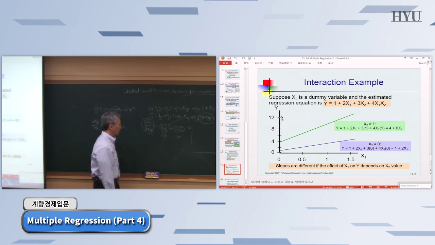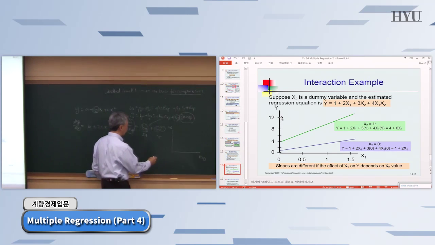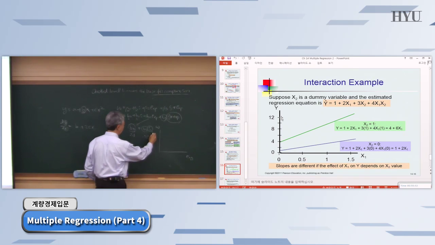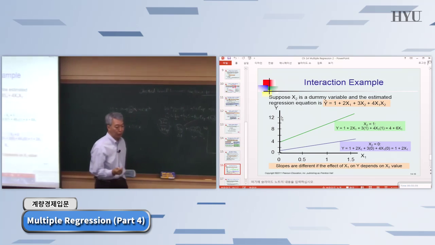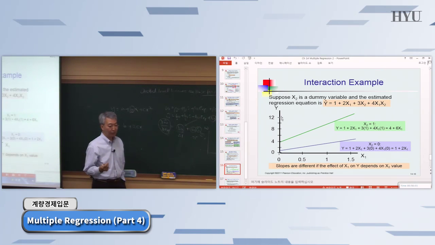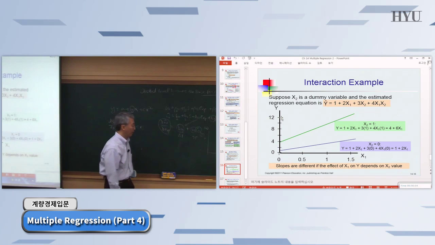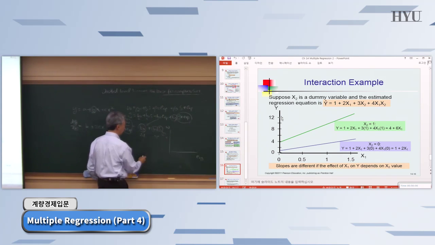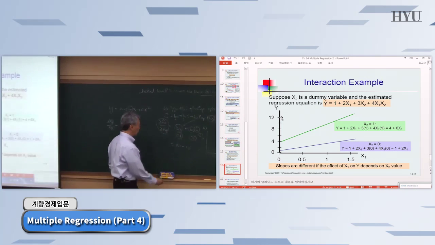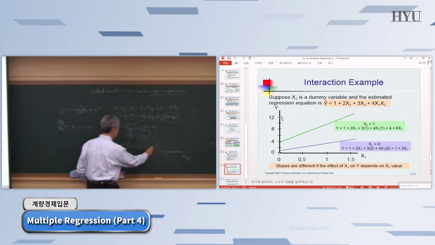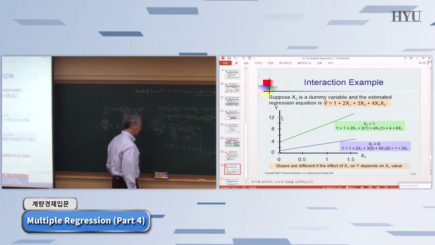Let's say, to make it simple, S is 2 versus 4. You have one person with only 2 years of schooling, another person with 4 years of schooling. For 2 years of schooling, that will be 2.1 plus 0.75 times 2, which is 3.6.